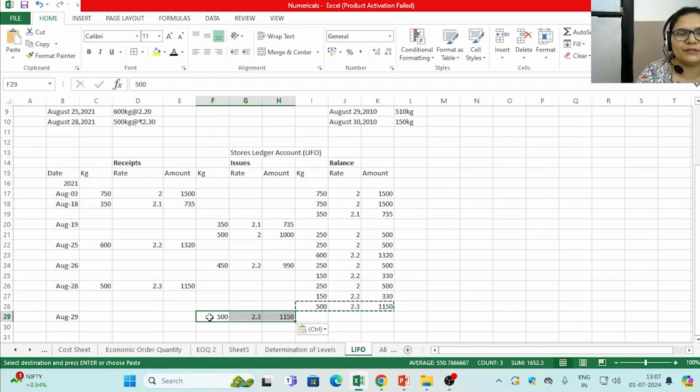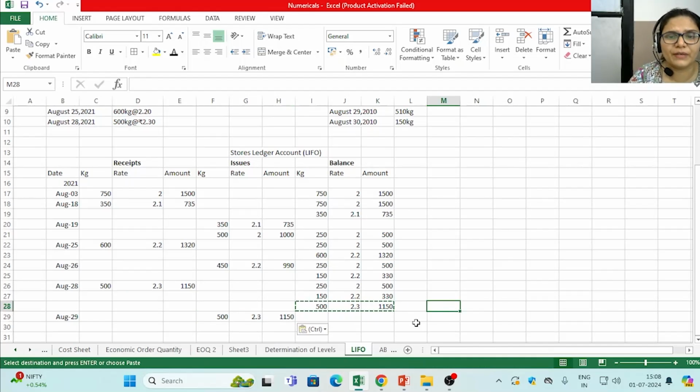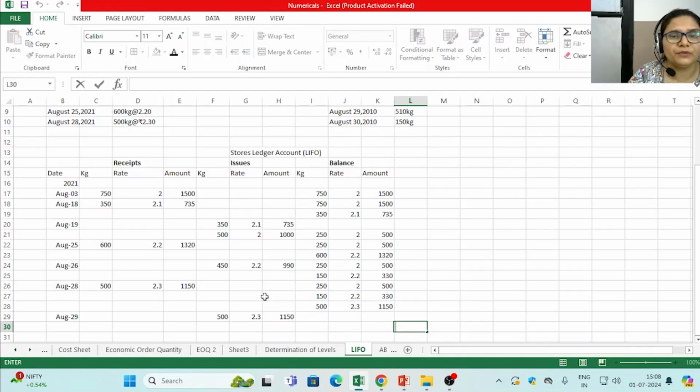If we would have been following FIFO method, definitely we would have done issues from these purchases. But as we are following LIFO method, we will do the issue from latest purchases, that is 500 kg into 2.3, 1150. 500 will be issued from this particular balance.